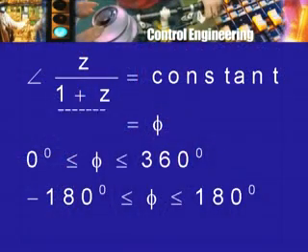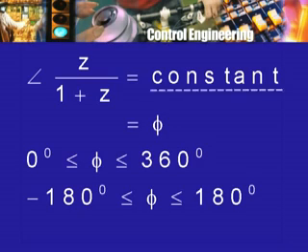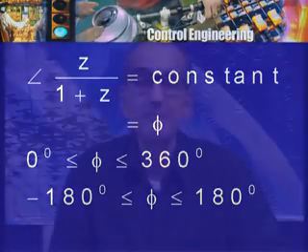Of course, we can do the same thing or something similar for the phase shift, and we can look at angle of z divided by 1 plus z equal to constant, equal to an angle phi, which of course we will have to let range over say 0 degrees to 360 degrees, or if you wish minus 180 degrees to 180 degrees, because the argument can vary over a total range of 360 degrees.